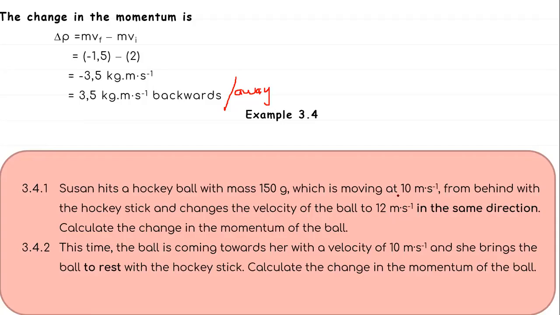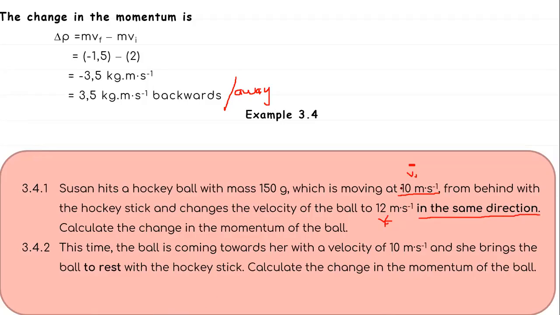Now we know the momentum has changed. Why? Because this is the speed before Susan hit it with a hockey stick. And we know this is the speed that the object has after it was hit with a hockey stick. And the direction does not change. So the hockey ball still goes in the same direction.